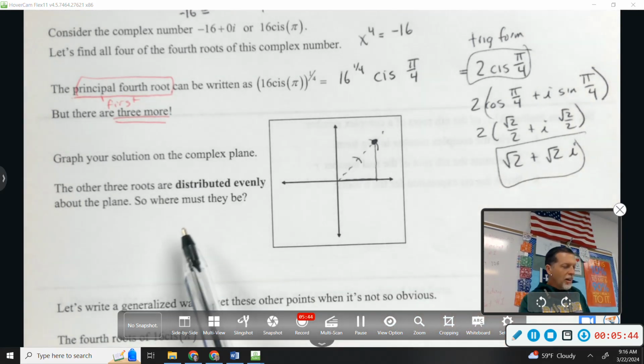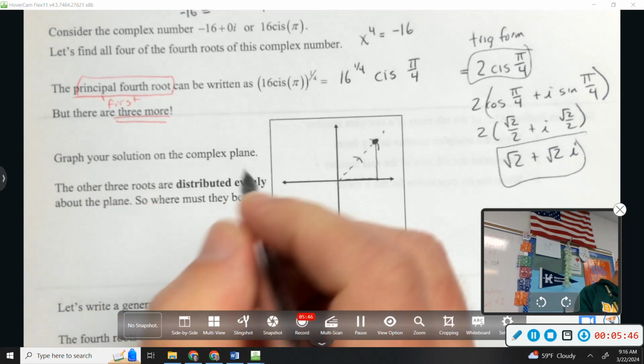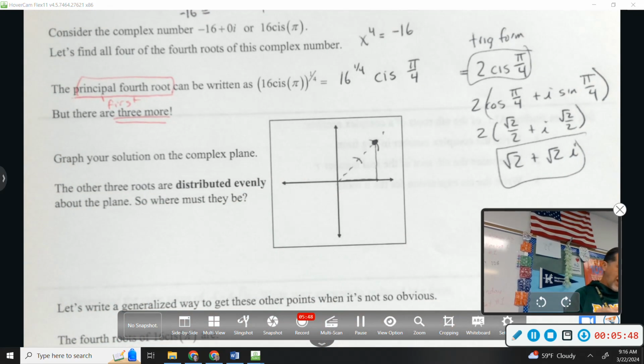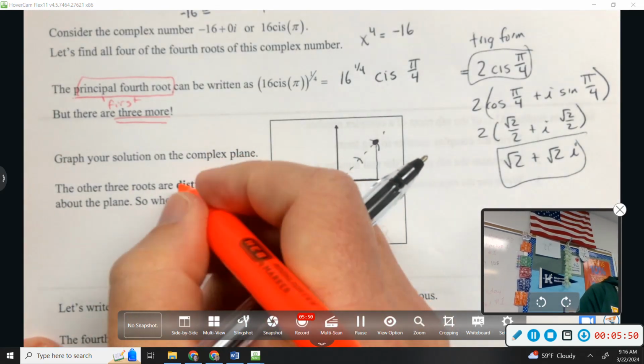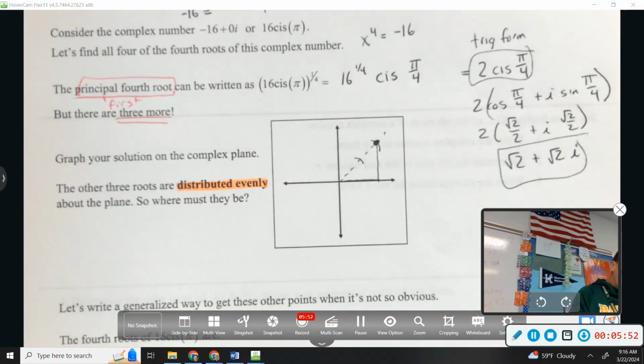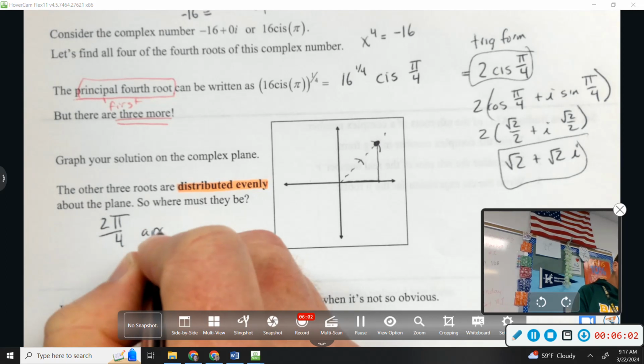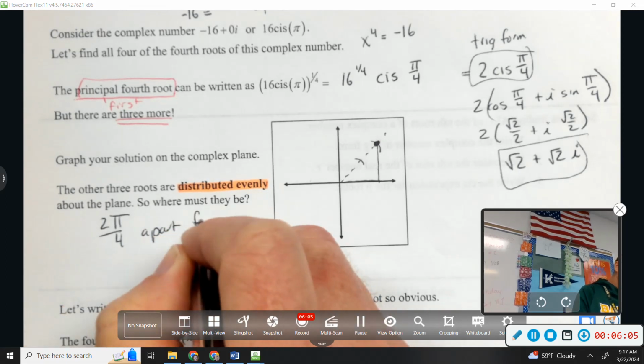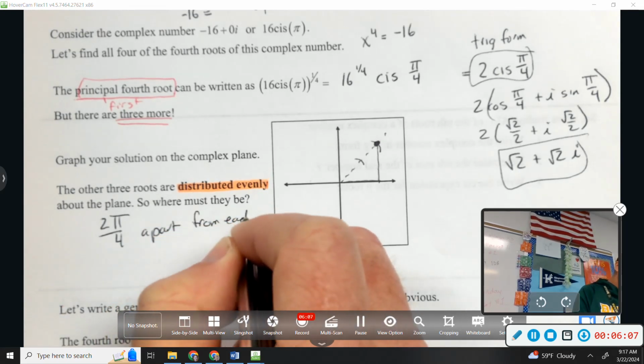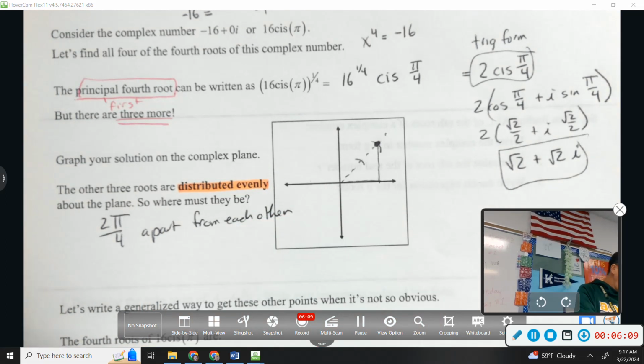Now, to get the other roots, the other 3 in this case, are distributed evenly. Like angularly evenly, if that's a word. So they'll be 2 pi over 4 apart from each other. All right, because 2 pi's all the way around.